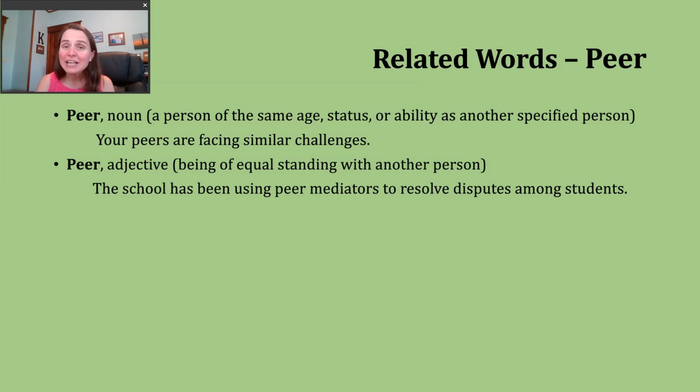So a mediator is usually someone who gets others to find common ground, come to a resolution. So here, at this particular school, the person helping with this is not maybe a teacher or a professional, but another fellow student.